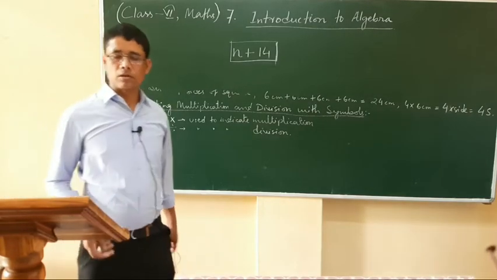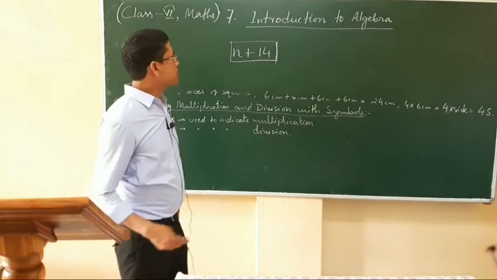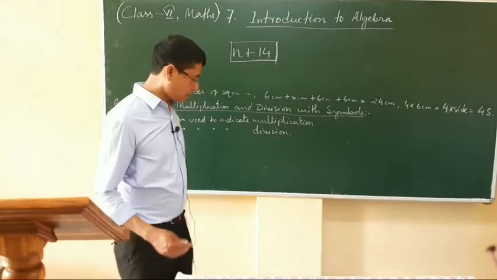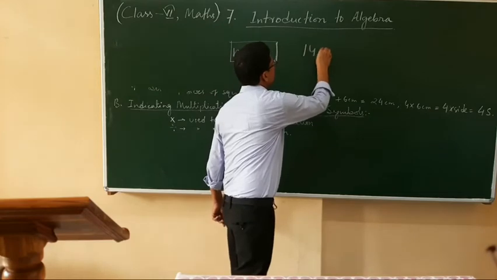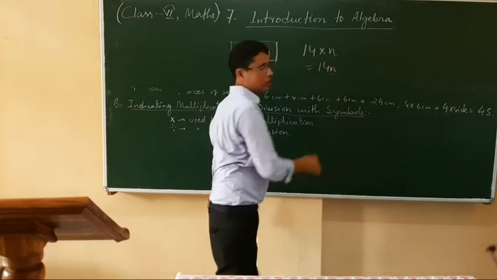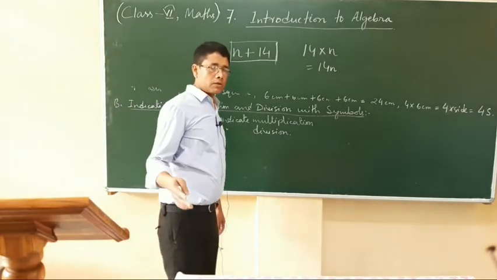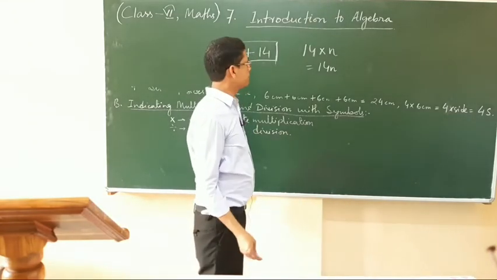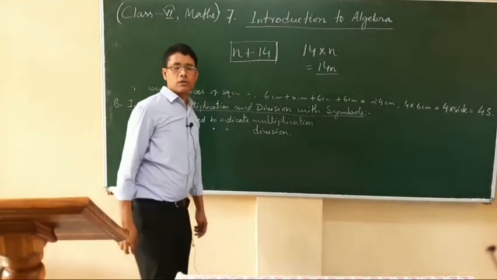Then for multiplication, if it is 14 times n, how will you write 14 times n? 14 times n means it will be 14 into n, which means 14n. 14n, as we have said, about the symbols of multiplication that we use in algebra: if there is no symbol, then also it is multiplication.